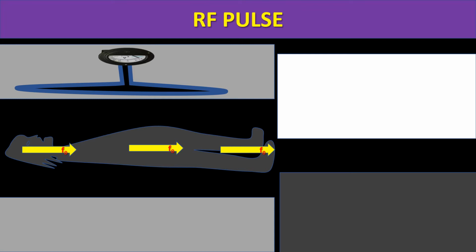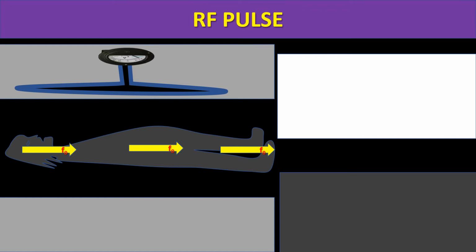This is a property of any nucleus, whether a hydrogen atom or any other nucleus. There will be a particular precession happening, and this is fixed. If the magnetic field is uniform throughout, we will have a uniform frequency throughout the body.